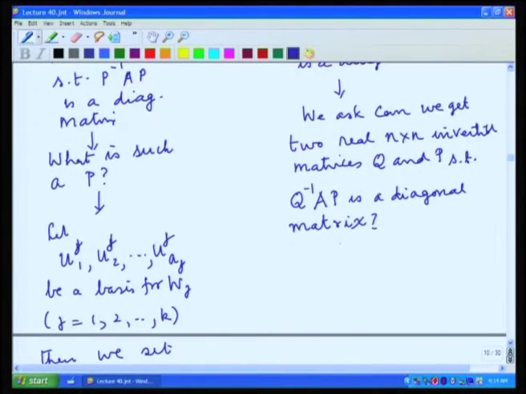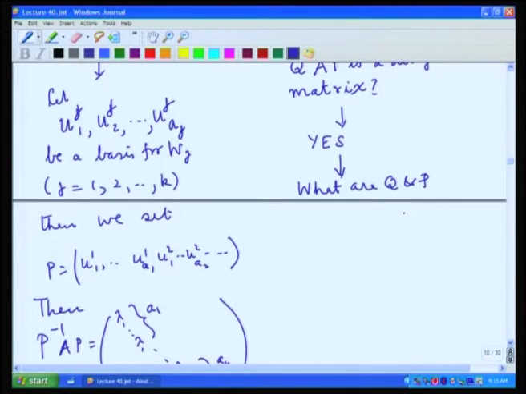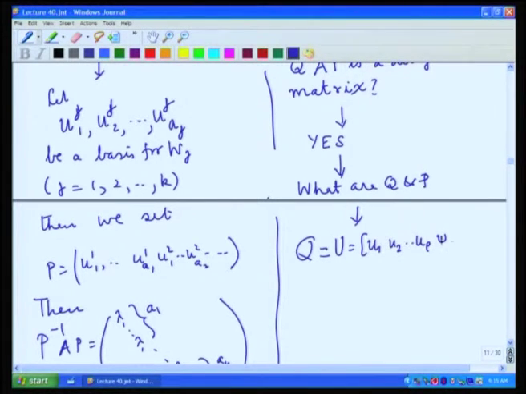And the answer we got was yes, and therefore, what are Q and P? The answer we had was, you choose Q to be the matrix U, which was U1, U2, ..., U rho, psi 1, psi 2, ..., psi nu transpose.